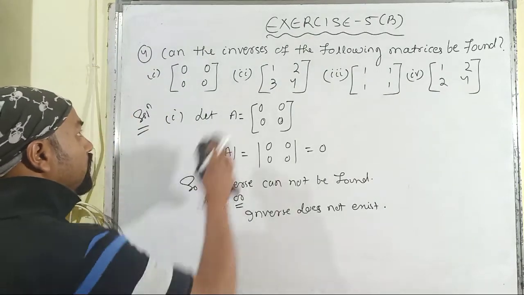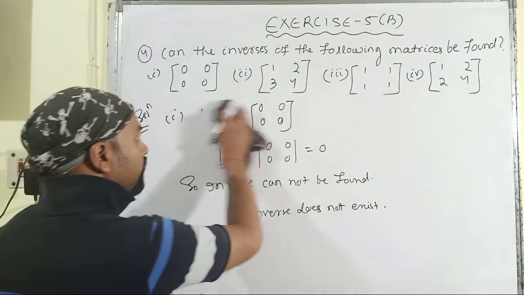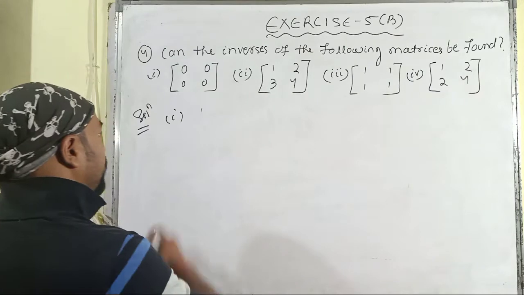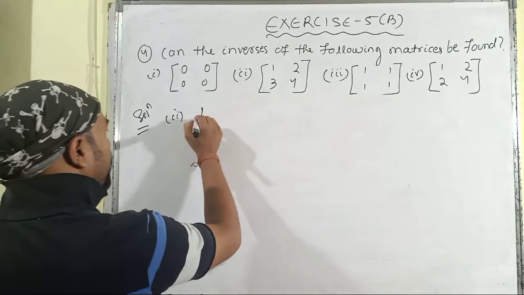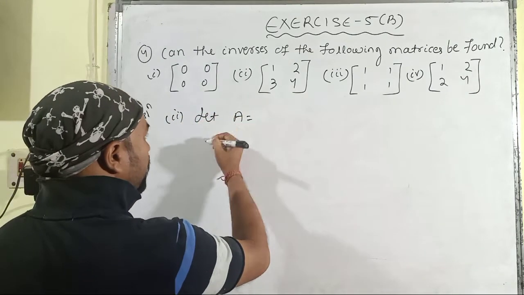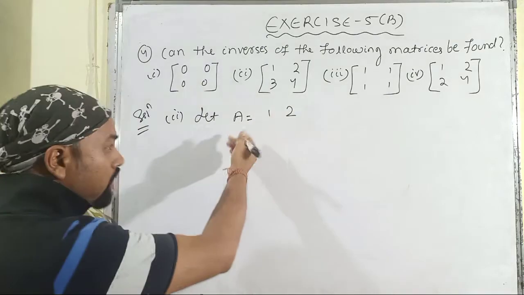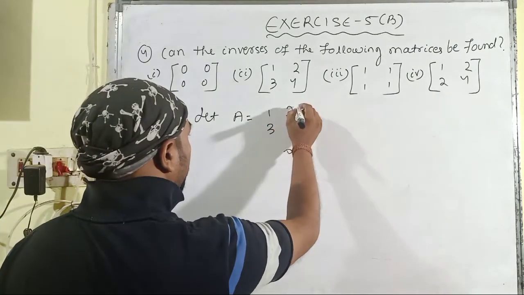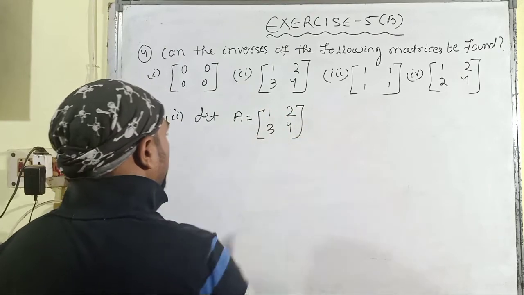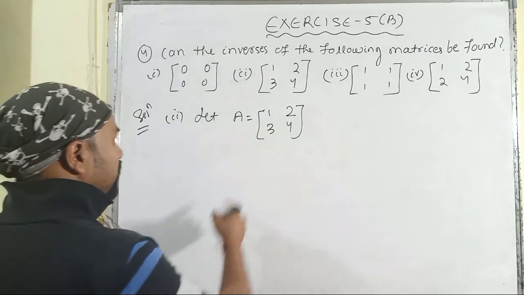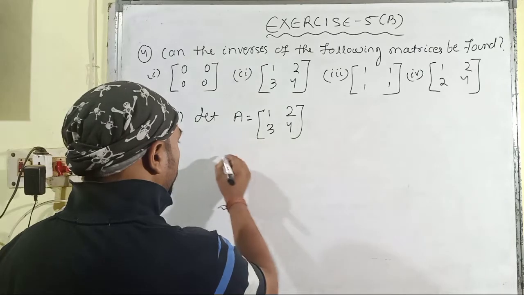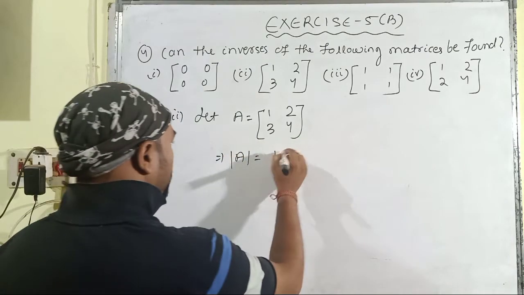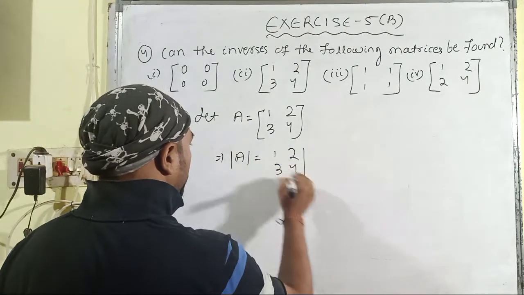Then let us solve the second bit. Again let us consider this matrix as A. You can also take it as B, C, D. Let A be the matrix with elements 1, 2, 3, 4. Then first of all we have to find out the determinant of the given matrix. That means the determinant of 1, 2, 3, 4.